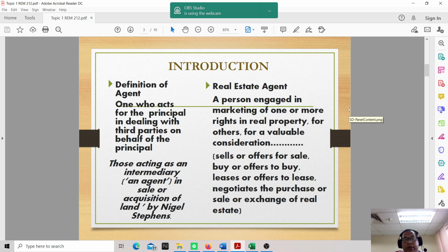Okay, bear in mind, the principal does not just consist of the house seller, the property seller. You can also get your principal from somebody who is trying to purchase a house. Let's say they say, I want to live in Sri Skandar, I believe Sri Skandar has a lot of potential. Can I appoint you as an estate agent? You try to find me a suitable house, and then I will pay you your agency fee.